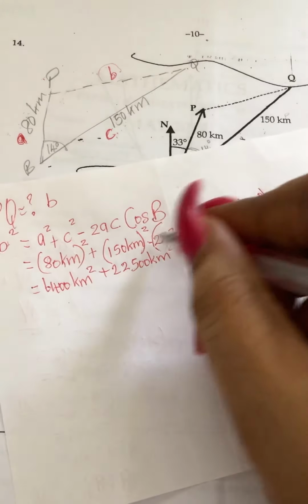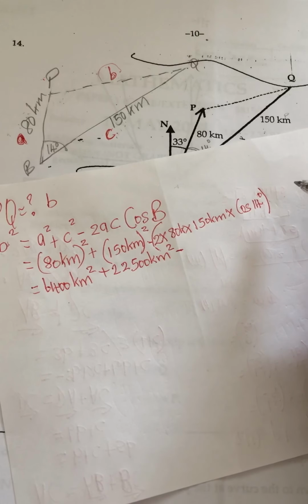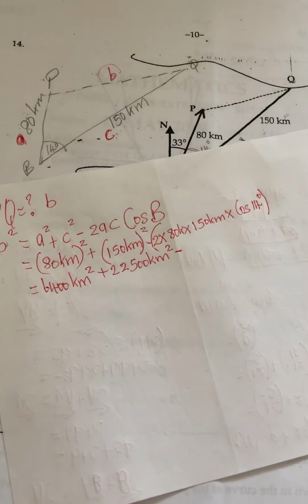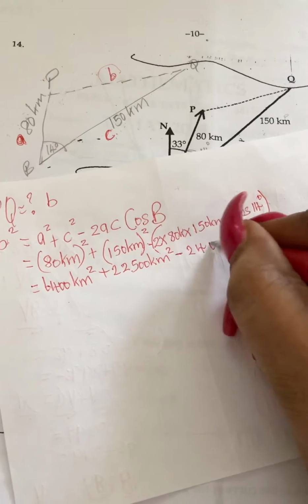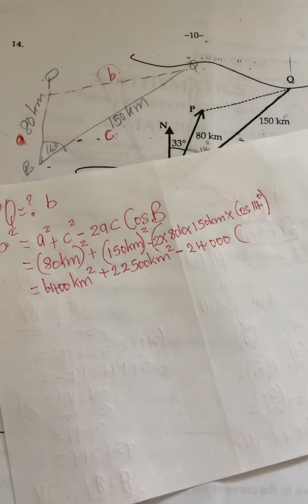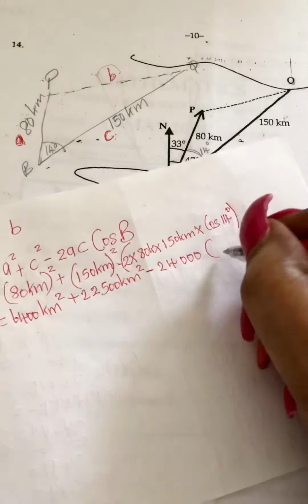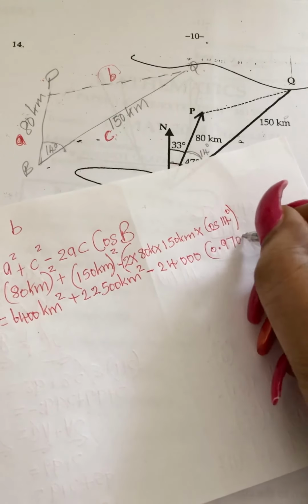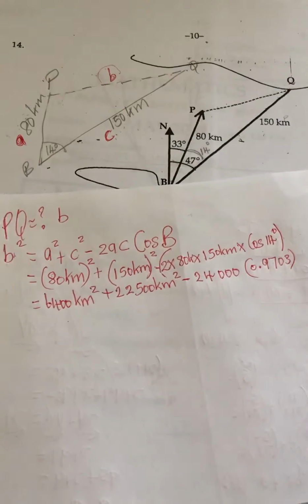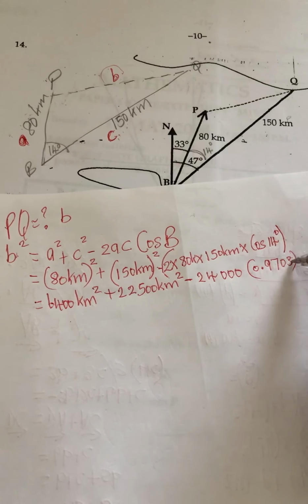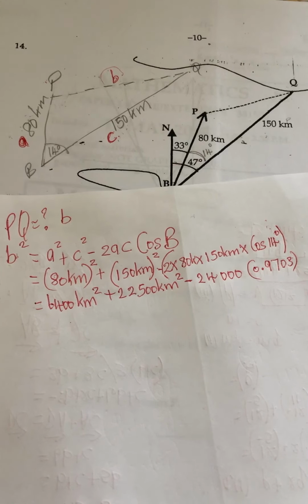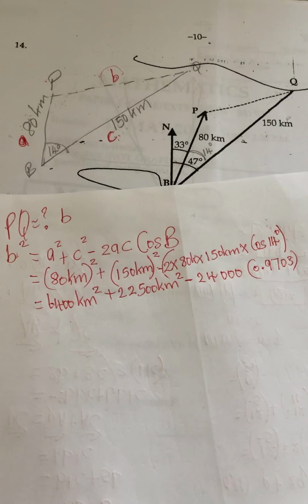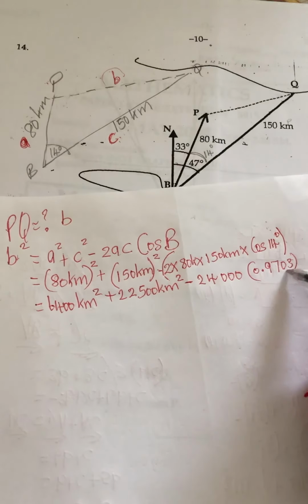Then we want to subtract all of this, but I'm going to do 2 times 80, 160 times 150, cos 14. Good. And another thing, where possible, when you have more than 4 decimal places for your angle, once you complete your angle in your calculator and you have a number of digits there more than 4, take it to the nearest 4 decimal places. Good.